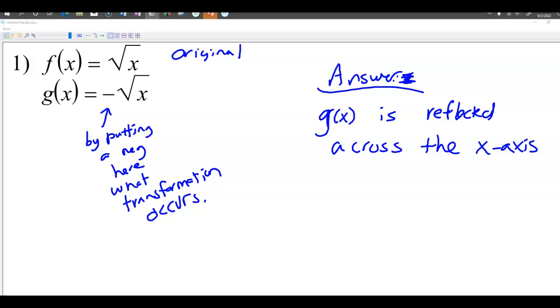If you're comparing F to G, G is being reflected across the x-axis. How do we know that? Because there's a negative outside. So if you were to graph F, which you don't need to, but F would look like that, G would look like that. So it's been reflected across the x-axis because of that negative. All right?